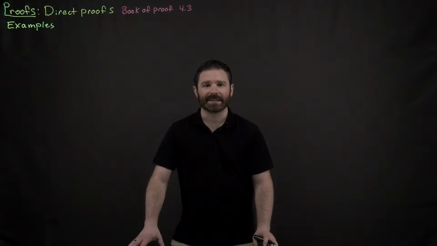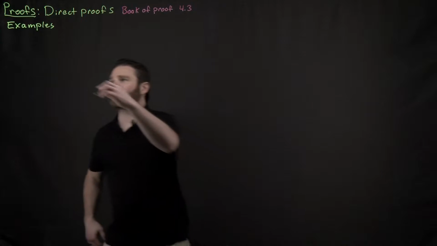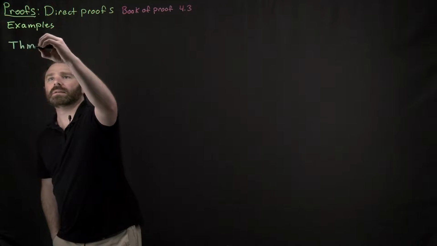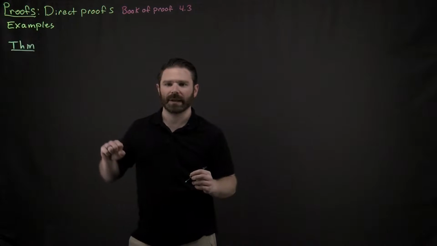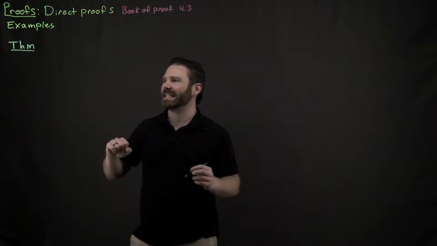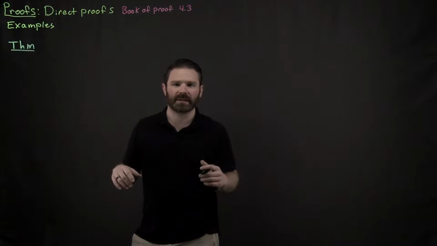So let's look at an example of direct proofs in action. This example is going to be a theorem, and I'm going to abbreviate theorem as THM because that's a common convention to do.